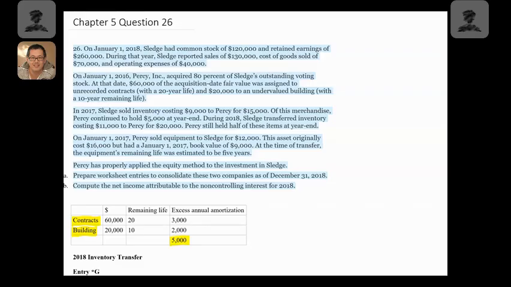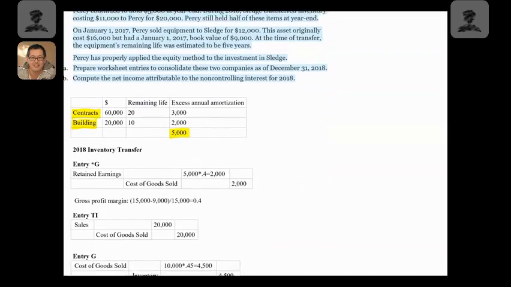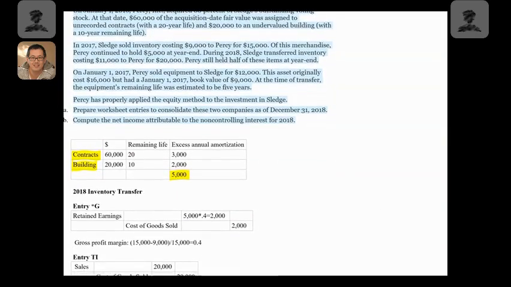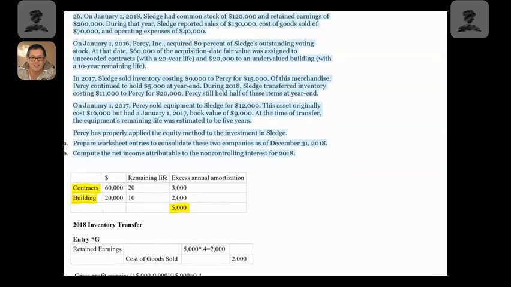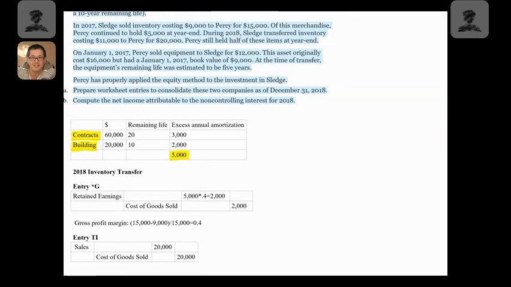Next, we need to prepare some consolidated entries related to the intra-entity transactions. First, let's have a look at the inventory. There are inventory transfers, and the inventory is transferred from the subsidiary company to the parent company, which means that this is the upstream transfer.